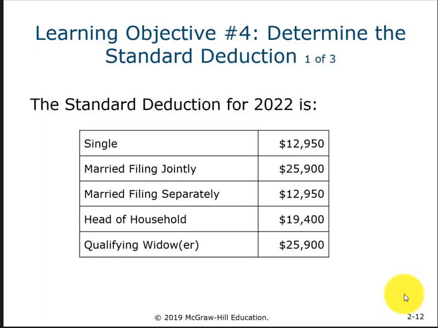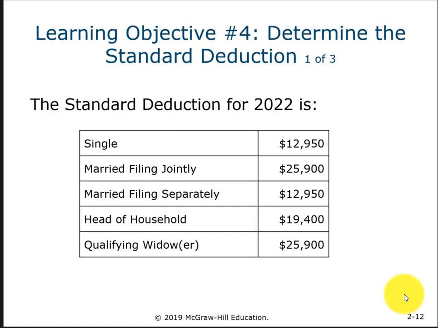Hello, welcome back, everyone, to part 2 of our discussion of Chapter 2, the expanded tax equation. We've determined how to determine your filing status and whether or not you have dependents.